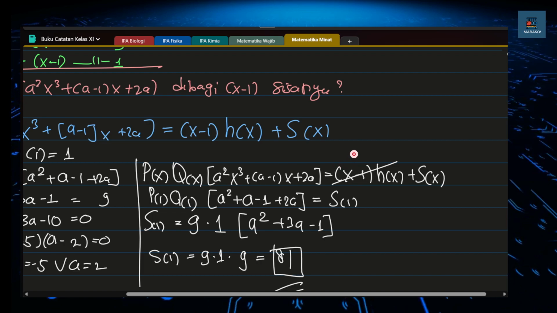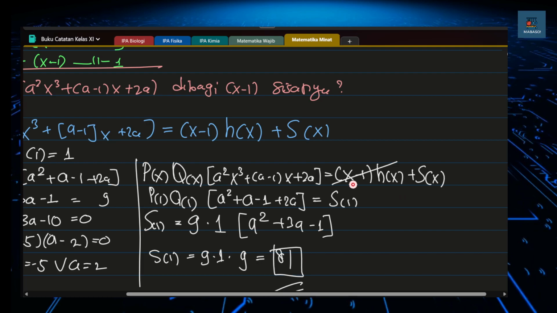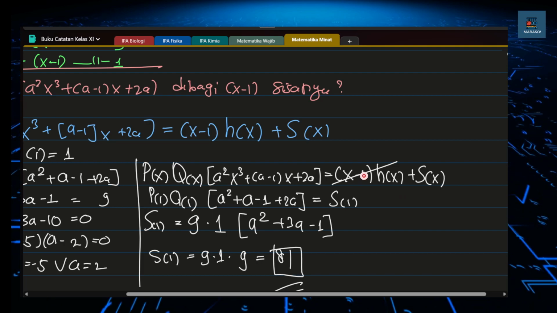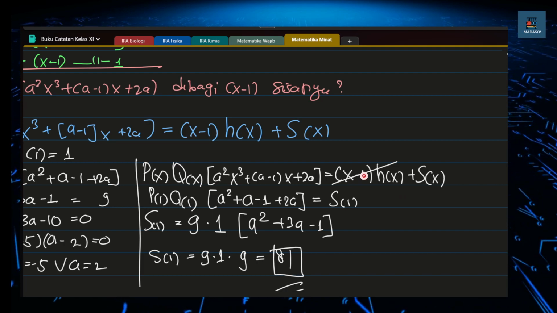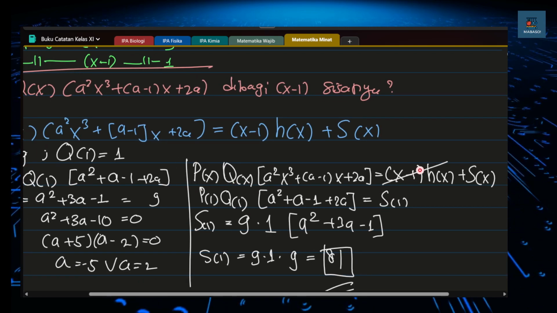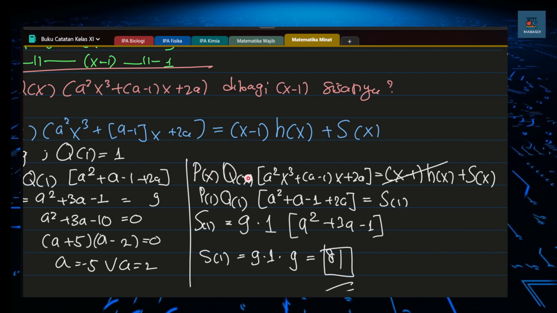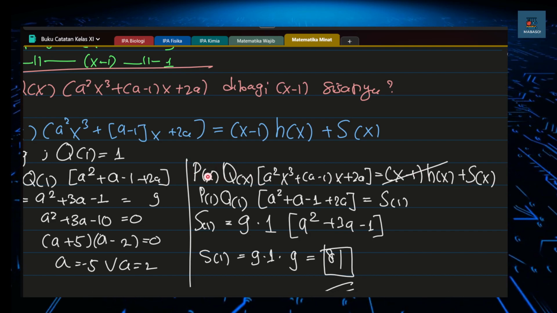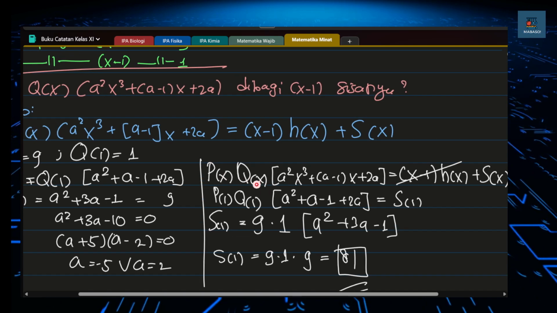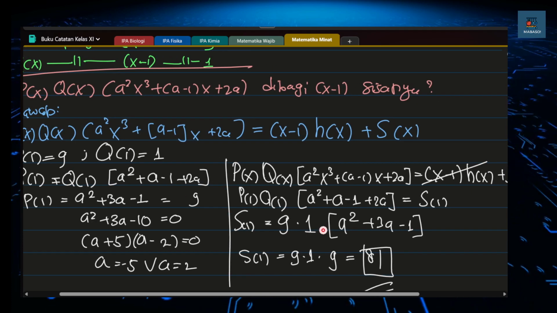Let's just change the value of x to 1. Why do I choose x equal to 1? Because we know P(1) and Q(1), and since we know the values of them, I'll just use that.